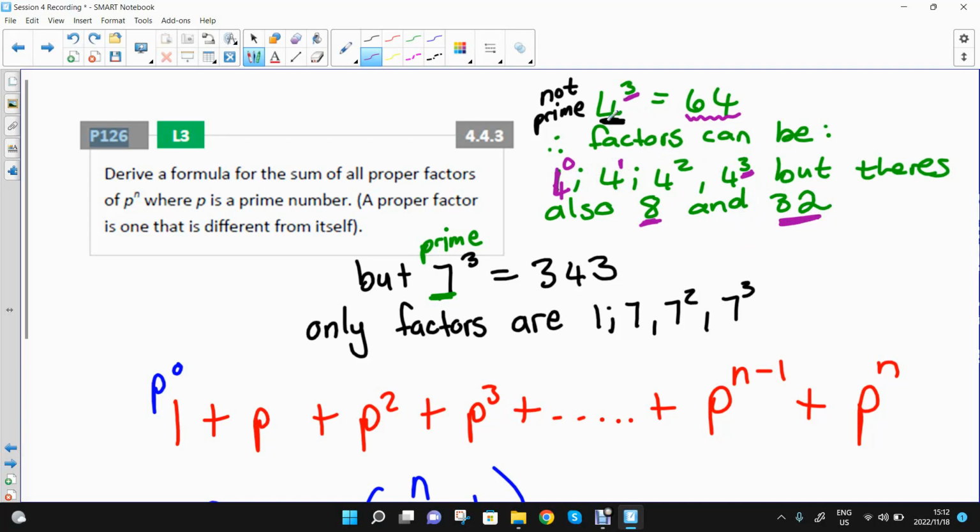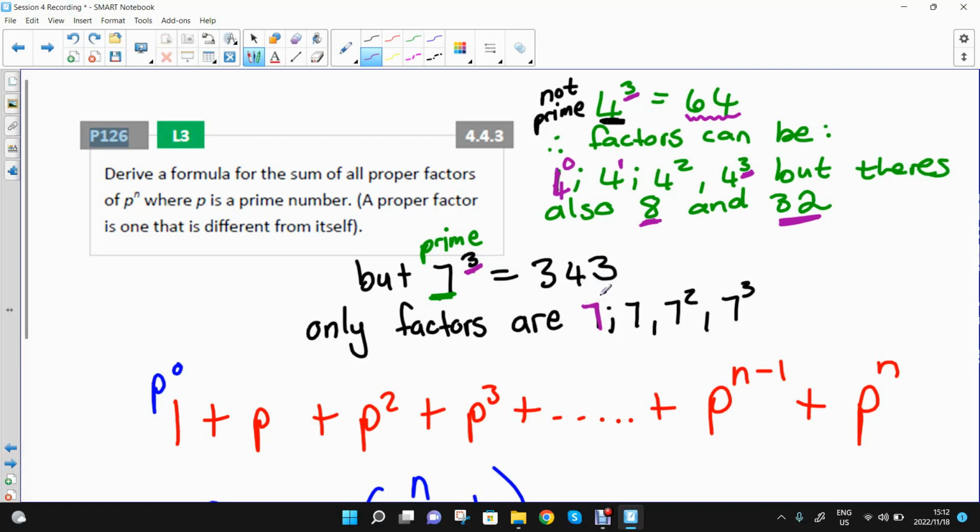But if I change this base to a prime number, in this example I'm using 7 and I'm cubing 7, I get an answer of 343. If I write out all the factors of 343, you will see that continuing this pattern, you can go up in powers of 7, up to the highest exponent used here.